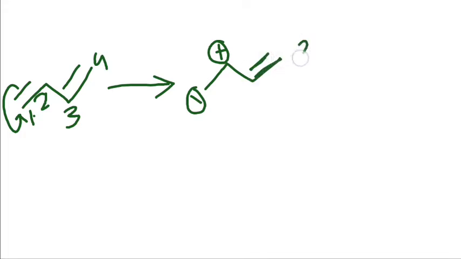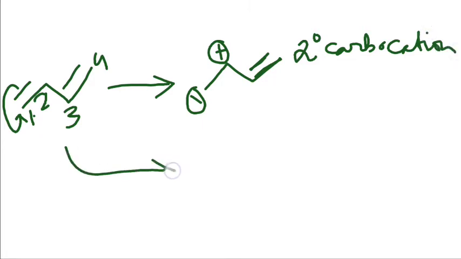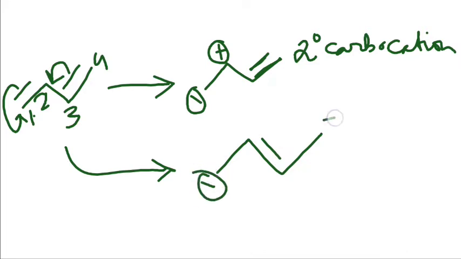So you can see that this is a secondary carbocation, and another resonance that is possible is, suppose this double bond shifts to the second carbon, then you will find that the positive charge will be on this carbon atom.